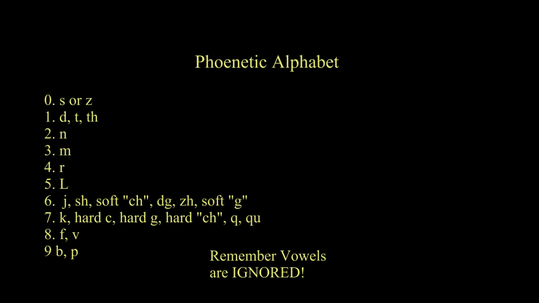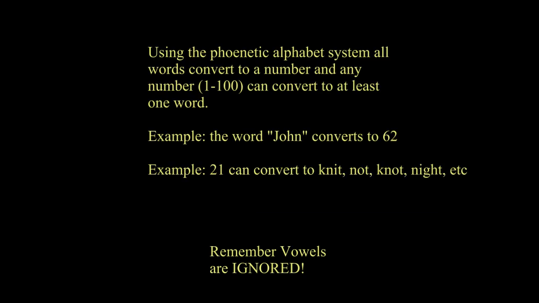Now you need to memorize those, 0 through 9, the digits in our number system. Once you memorize those perfectly, then, as you can see, any word can be converted into a number using the system, and any number can be converted into at least one word.